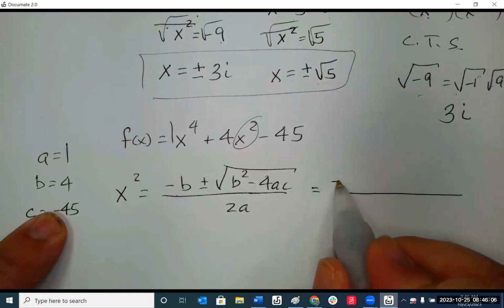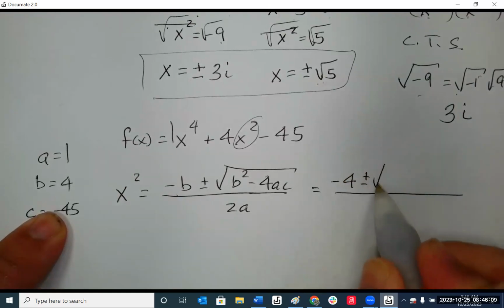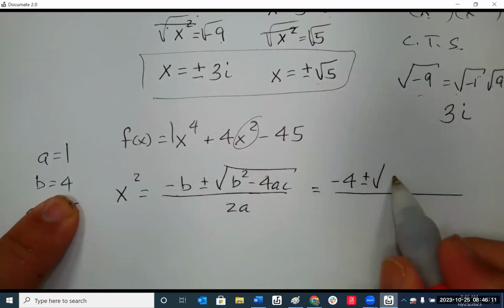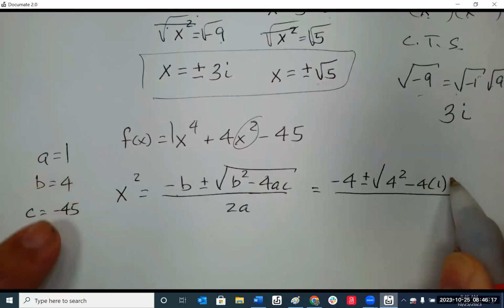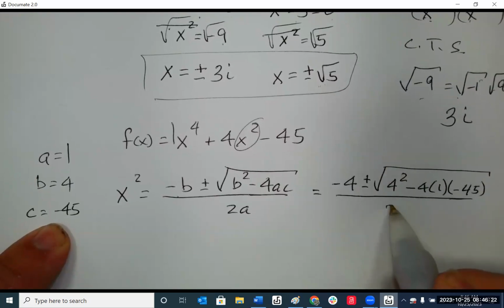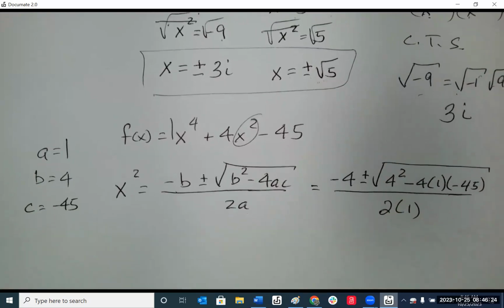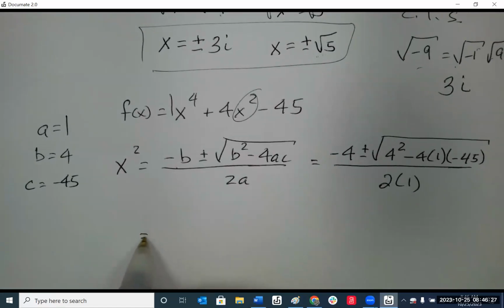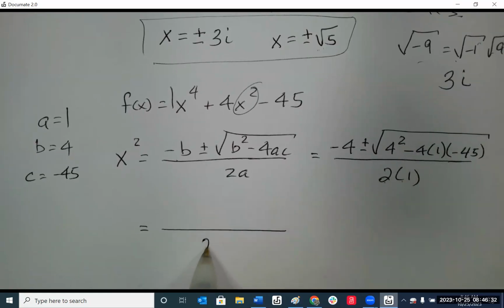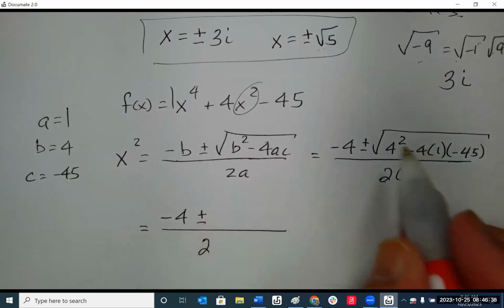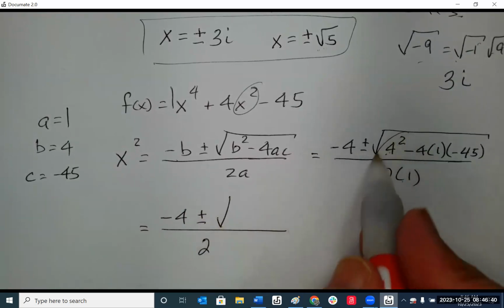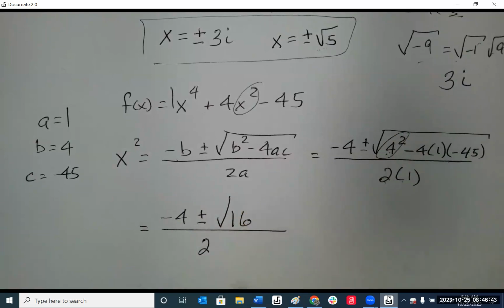So -b, so we have -4, plus or minus the square root of b squared, so it's 4 squared minus 4 times 1 times -45, over 2 times 1. Two times 1 is 2 on the bottom. 4 squared is 16.